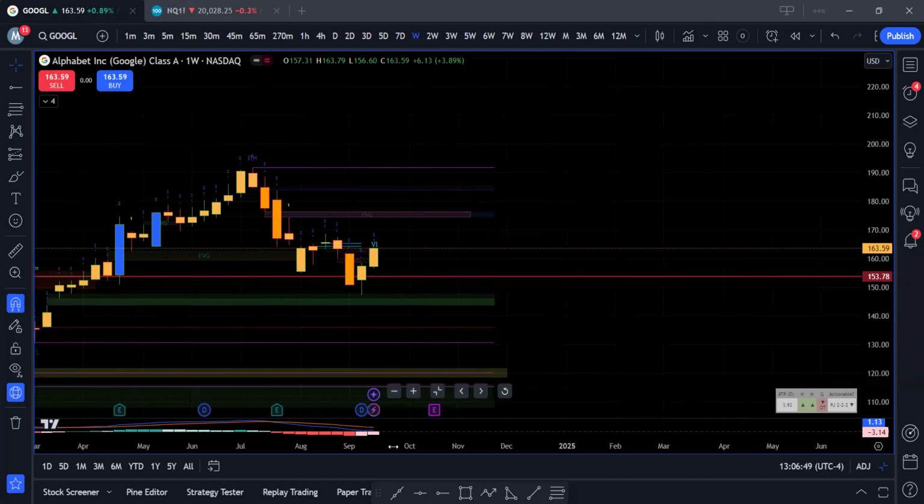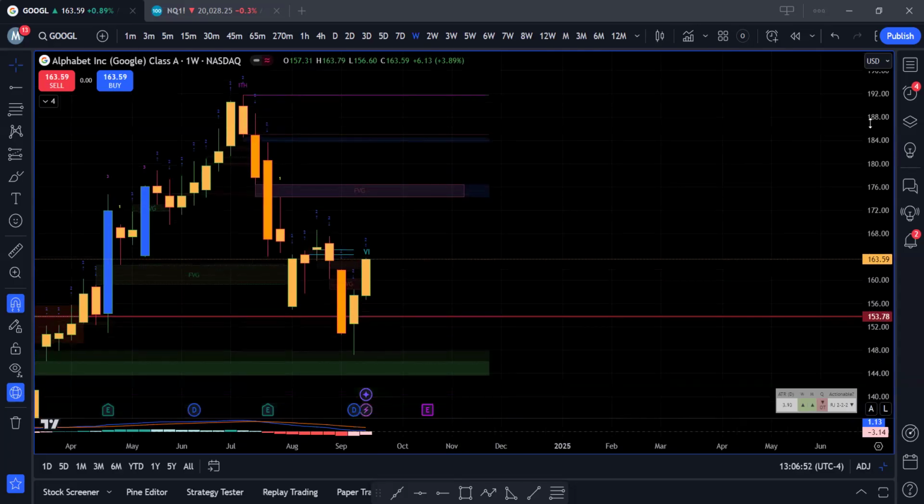So OTE entry possibly. On the week, we get that 2-2 reversal as well, strong. We got a volume imbalance. Sorry, ICT, ignore, my bad. A 2-2 reversal back to the upside.